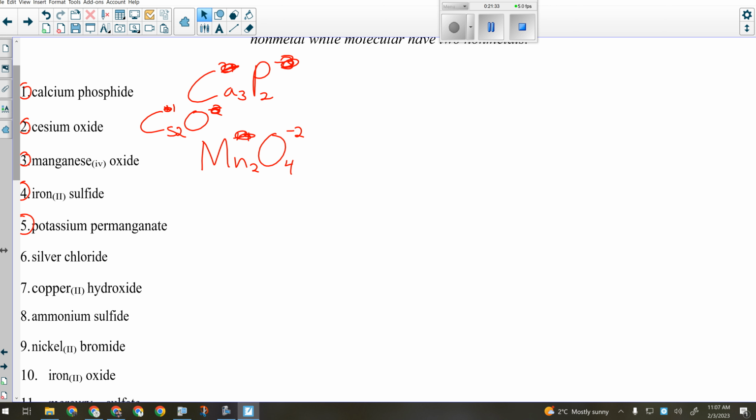What do I need to do with that? Make it like 1 and 2 instead. Exactly, I got to reduce it. 2 and 4 can be reduced down to 1 and 2. Okay, that would be the correct formula for that compound. Mn2O4 would not.